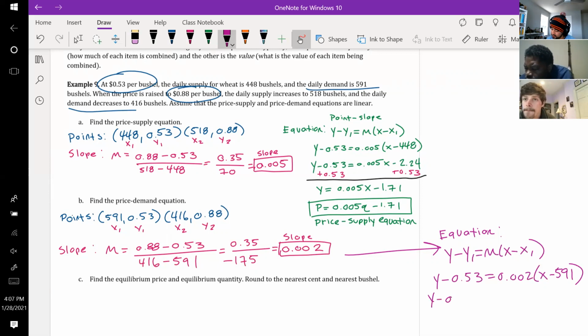And y minus 0.53. Distribute that 0.002. And 0.002 times 591, 1.18.